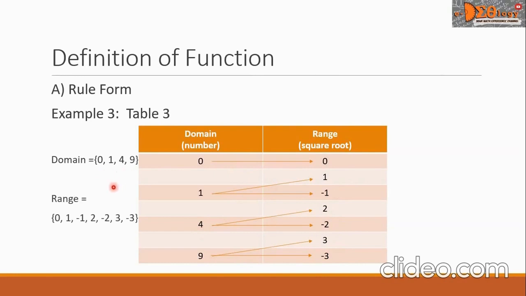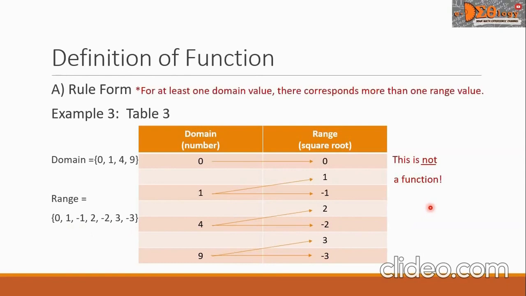For the range, the elements are 0, 1, -1, 2, -2, 3, and -3. This is not a function because for at least one domain value, there corresponds more than one range value. This is our final answer.